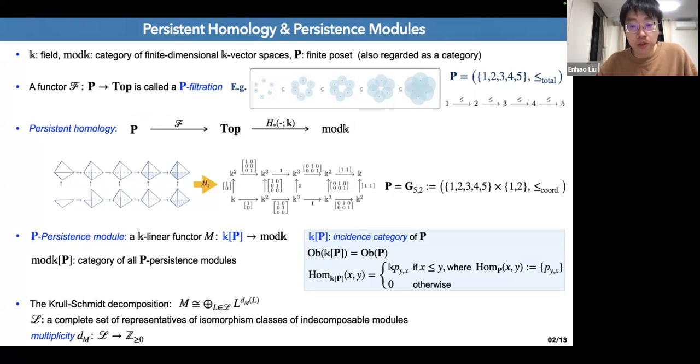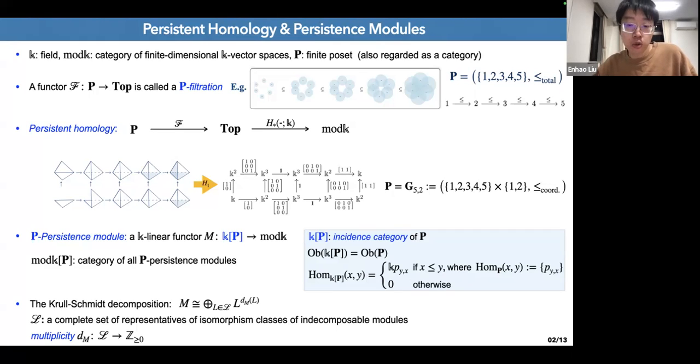In this category, the objects are the same as the objects of P, and the only difference is the hom space. Because we linearize, the hom set becomes a hom space, a k-vector space. If x is smaller than y, then it is a one-dimensional k-vector space with the basis p_yx, the unique element in the hom set.